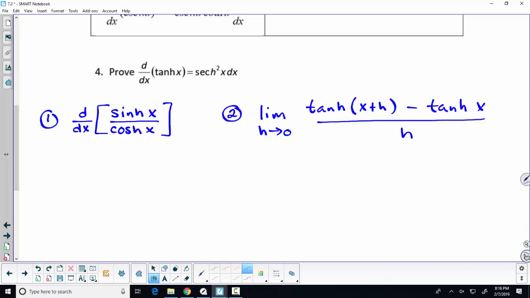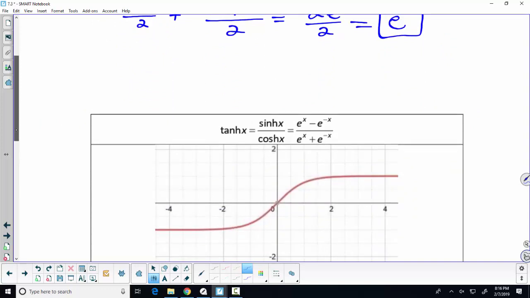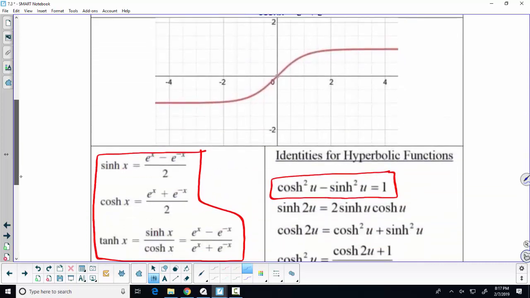We also had the exponential definition. We could take the derivative of this, but we'll end up with stuff in terms of e to the x, and we don't know the definition of hyperbolic secant squared in terms of e to the x. But if we did, that's another option.